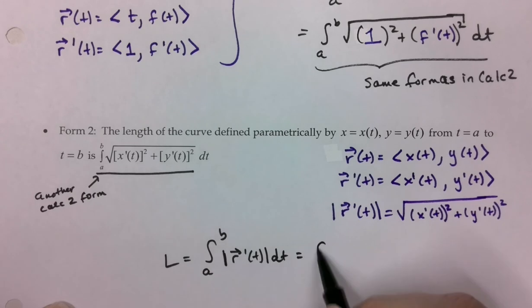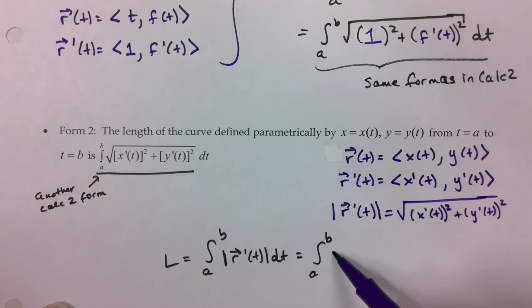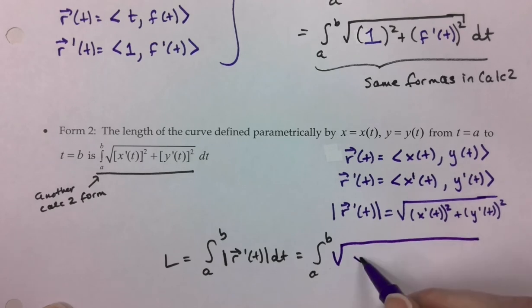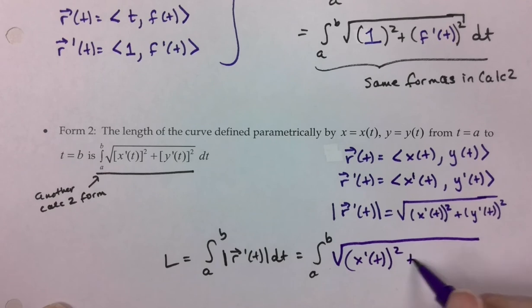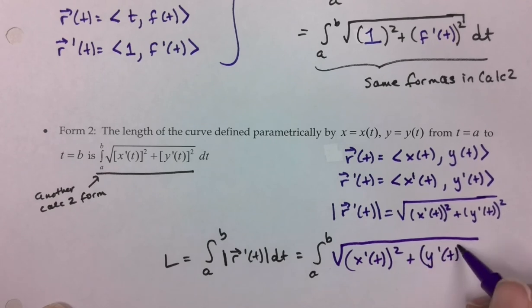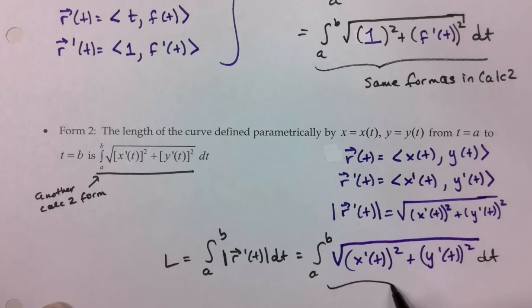That would be equal to the integral from a to b, the square root of x prime of t squared plus y prime of t squared dt, which is the same form as Calc 2.